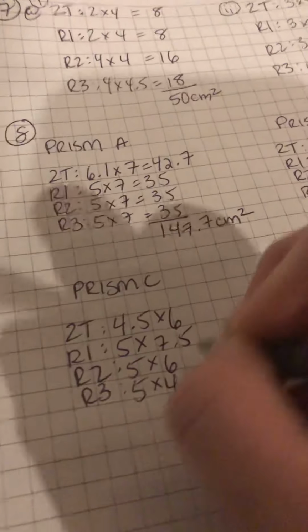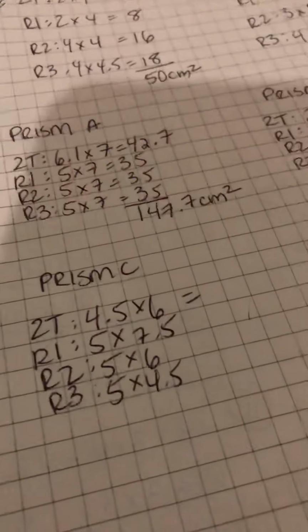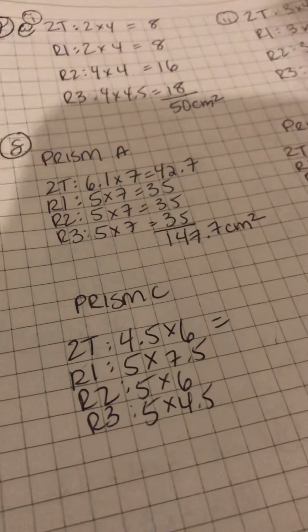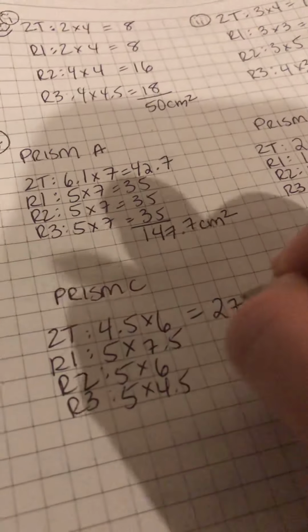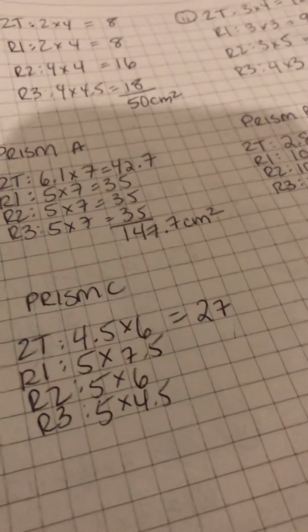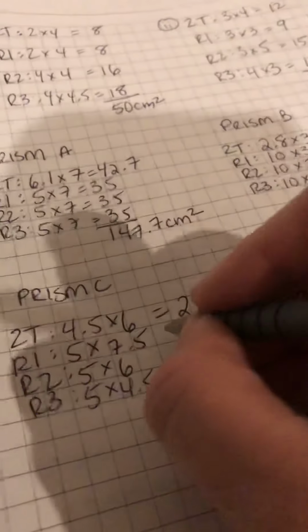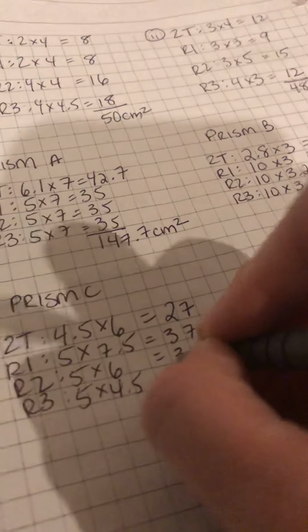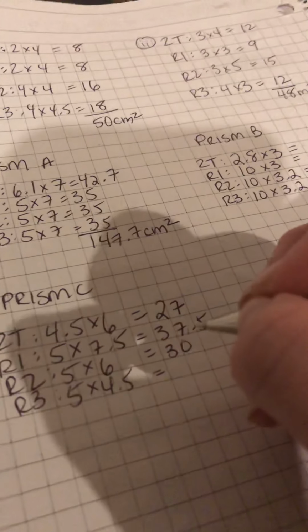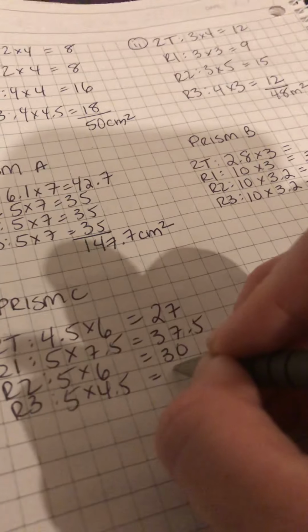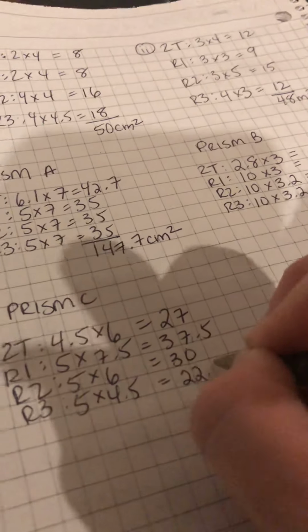So 4.5 times 6 equals 27. 5 times 7.5 is 37.5. 5 by 6 is 30. 5 times 4.5, I believe, is 22.5.